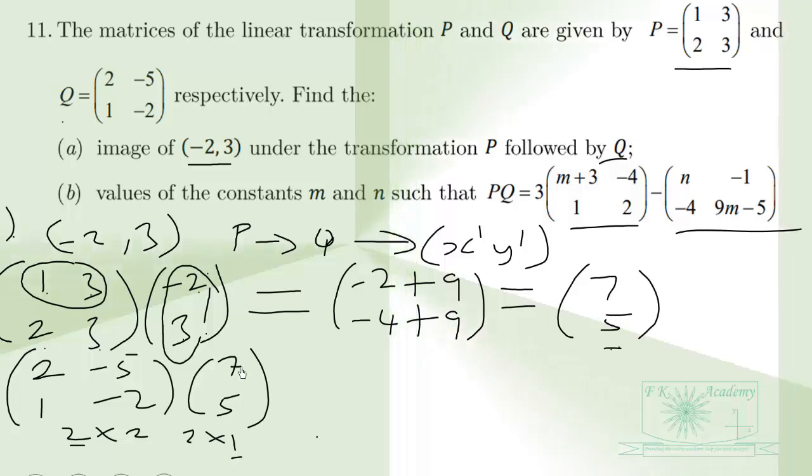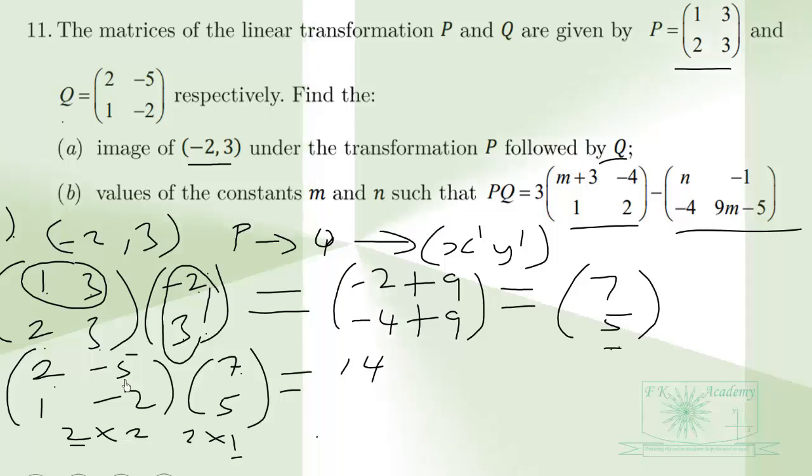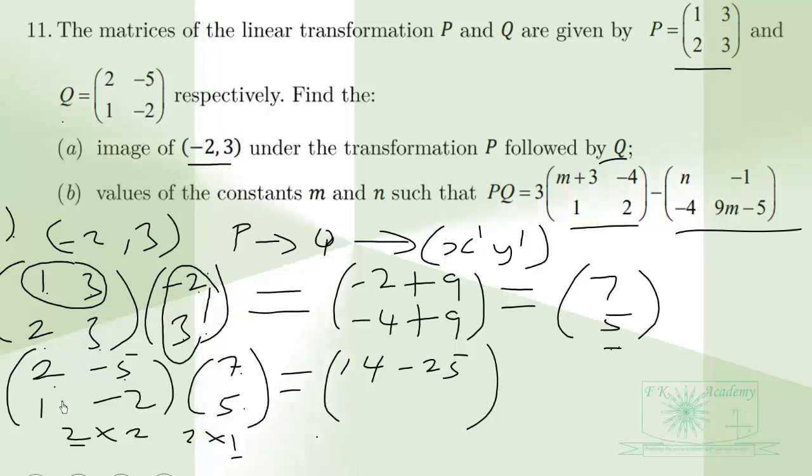So with 7, 5, again row by column: 2 times 7 will be 14, -5 times 5 will be -25. Then 1 times 7 is 7.